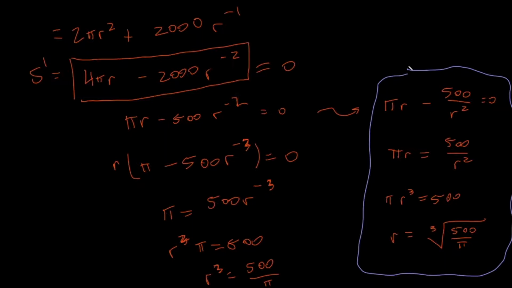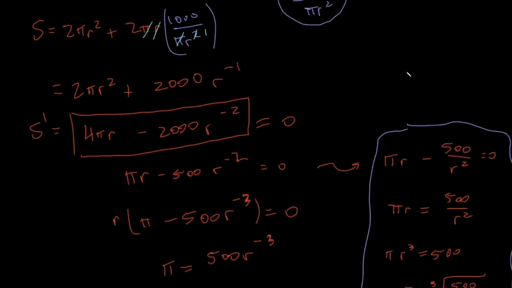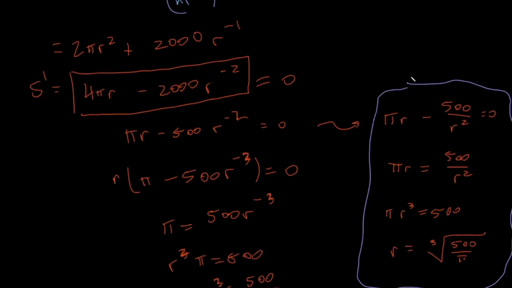Go ahead and take a gander at that and make sure you're okay with this. And so the cube root, let's see. Pull out my book real quick. Yeah, okay.